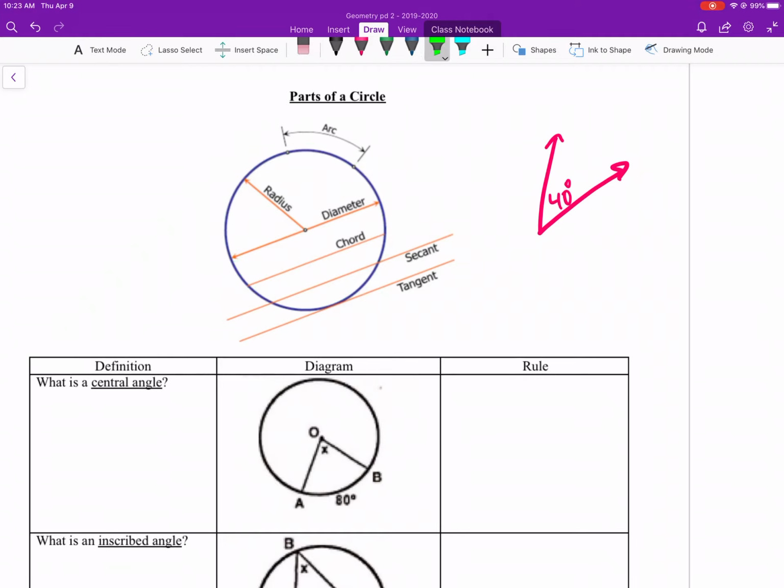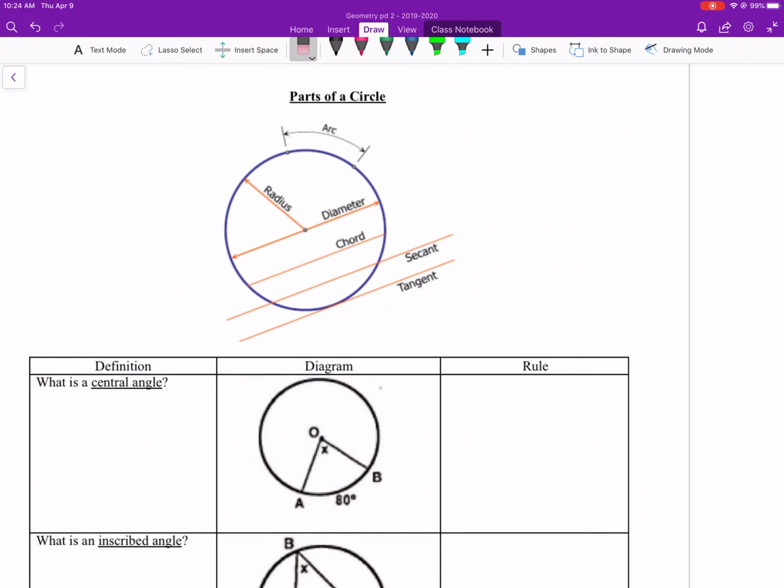So think about this. What if I went from here to here, that arc right there? How many degrees would that arc be? Well, that's half the circle, so that arc would be 180 degrees. If I went from here to right about there, that's about a quarter, so that would be 90 degrees. So there are different amounts of arcs.